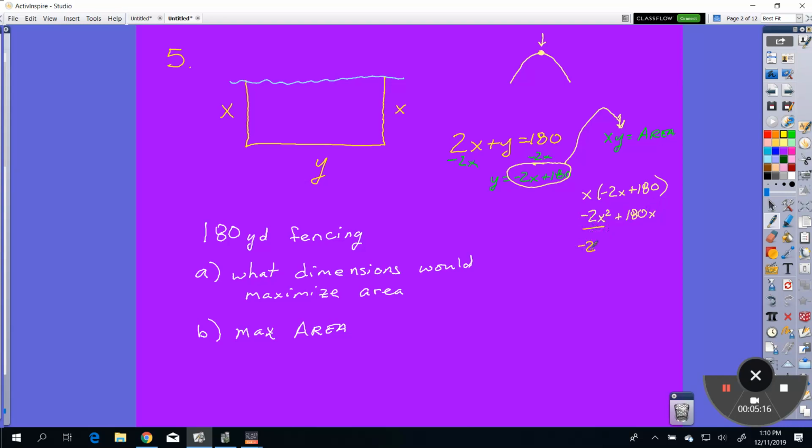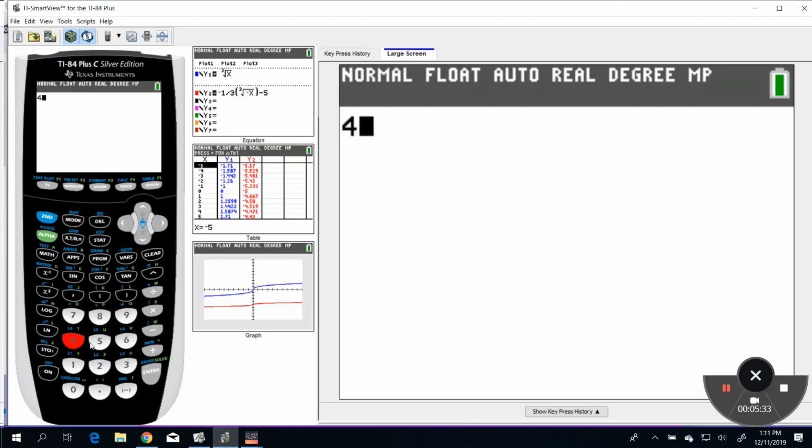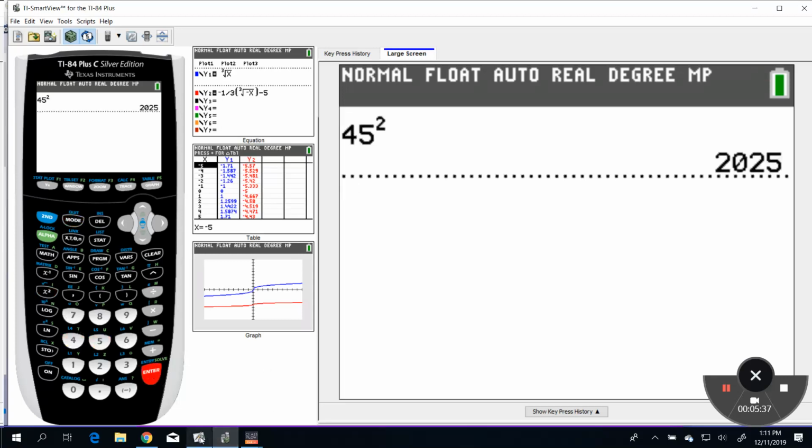So I'm going to pull out a negative 2 from each of those, so it's like I divided them each by 2. So x squared minus 90x. Half of 90 is 45. So I go to my calculator because we need to square it. 45 squared is 2025.